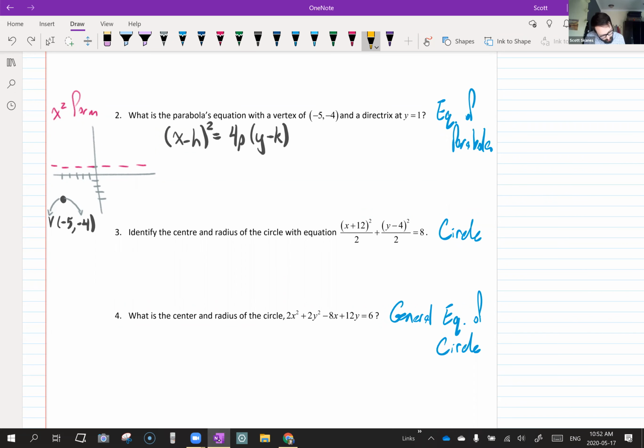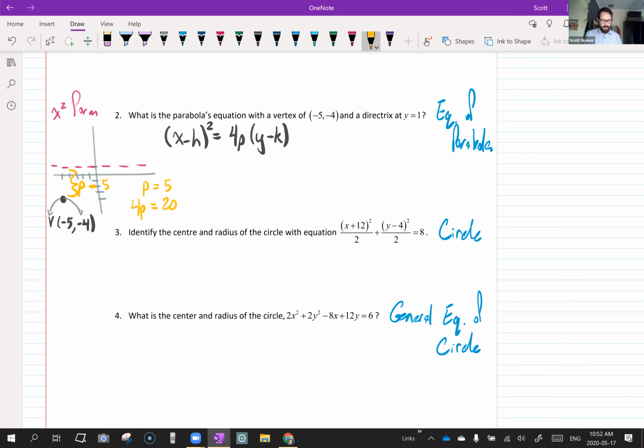So we just go up. This distance is p. And so in this case, how far is that? Well, it's from -4 to 1. So 1, 2, 3, 4, 5. From -4 to 1, p must be 5. So more clearly, p equals 5. That means 4p, which is really what I care about, is 4 times 5, which is 20.